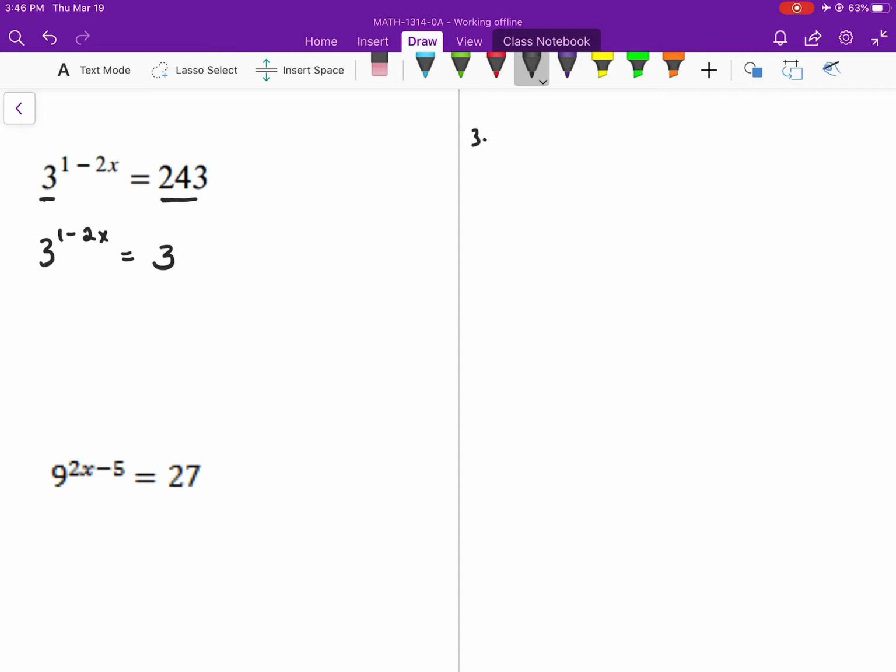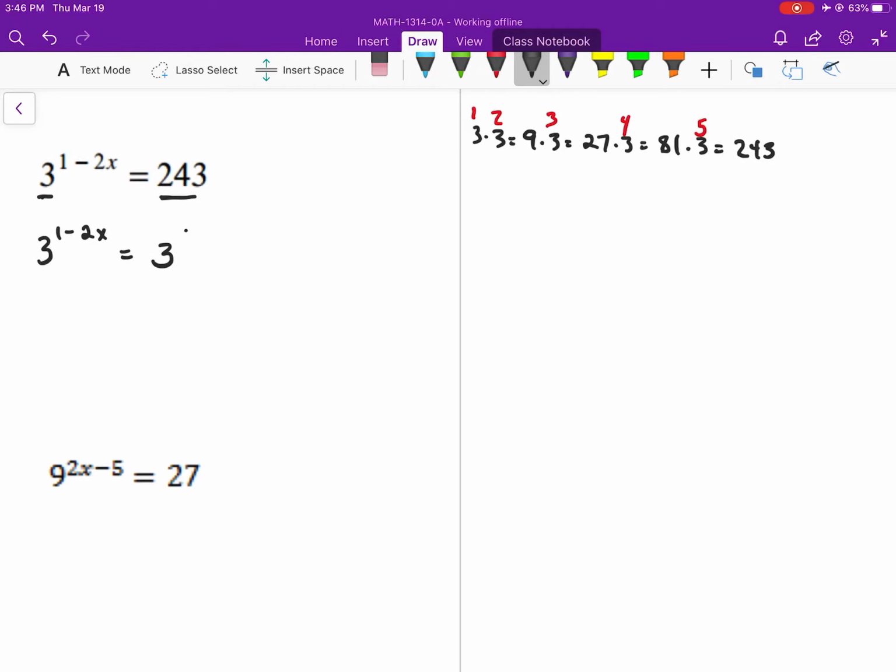Equals 3 to the what power? We already know 3 times 3 is 9. 9 times 3 is 27. 27 times 3 is 81. And 81 times 3 is 243. There we go. Count our 3's. 1, 2, 3, 4, and 5.